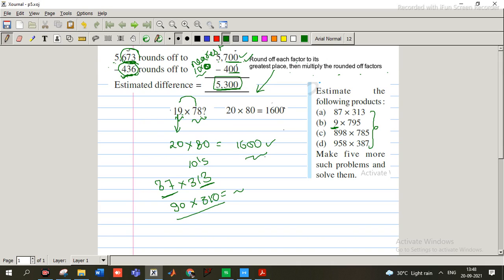If I approximate as nearest hundreds, this will be 900 and this will be 800. And if you approximate it as nearest tens, then it will still be 900 and this will be 790. This number will be 960 and this number will be 390.